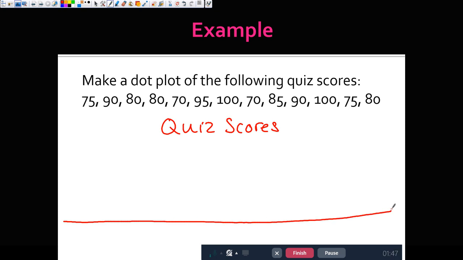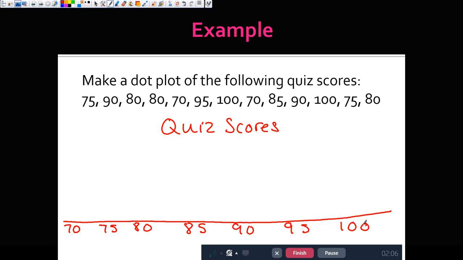These are 5s, so we're going to go by 5s, and it starts at 70 and our highest is 100. So we're going to go from 70 to 100. Okay? So 70, 75, 80, 85, 90, 95, 100.